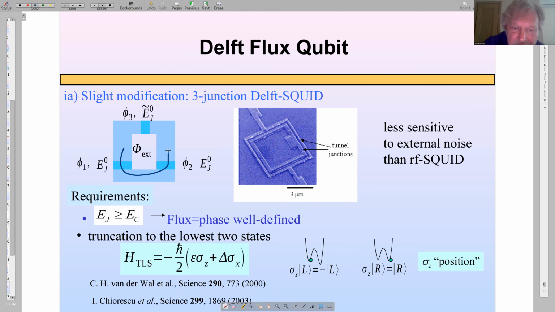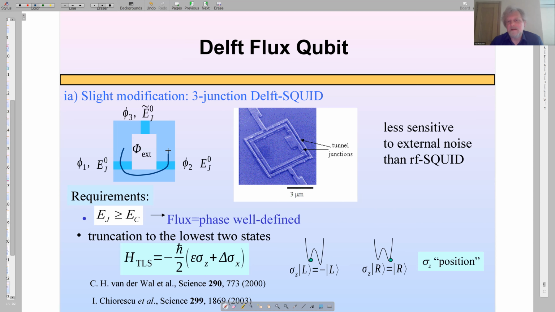Right, it has been also realized about 20 years ago, and it had much better parameters with respect to decoherence, which is the most important property of a qubit.